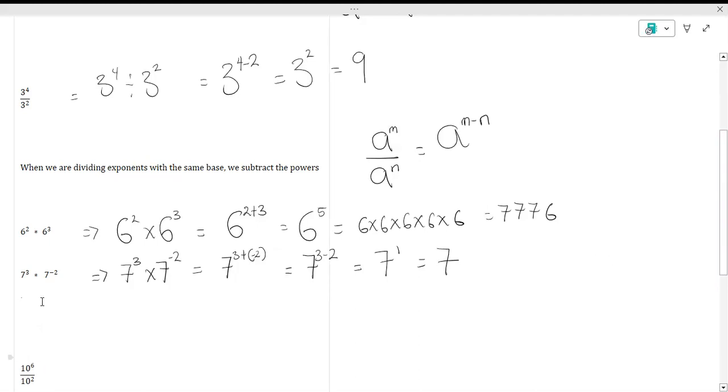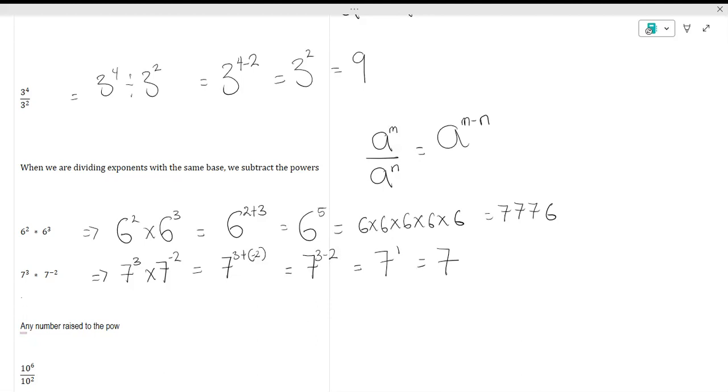So I can type here: any number raised to the power 1. Sorry, there's a slight lag. But any number raised to the power of 1 is that number.